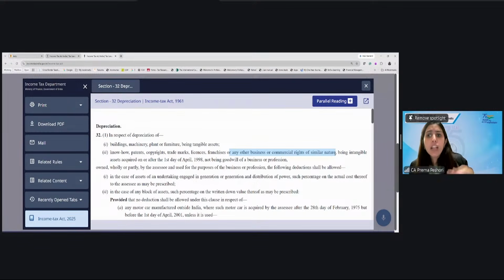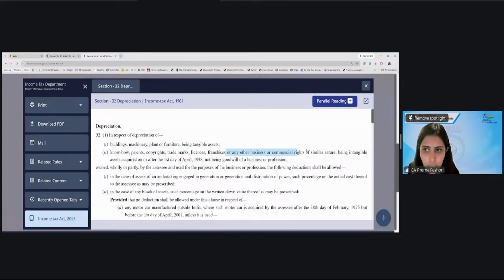Now, even if I apply a literal interpretation to it, a strict interpretation, are you able to get anything out of it? The answer is no. So therefore, I'm applying the second principle, which is purposive. Again, I'm not able to come out with anything. I may look at the memorandum, it also says the same thing. So I'm applying this principle of ejusdem generis.